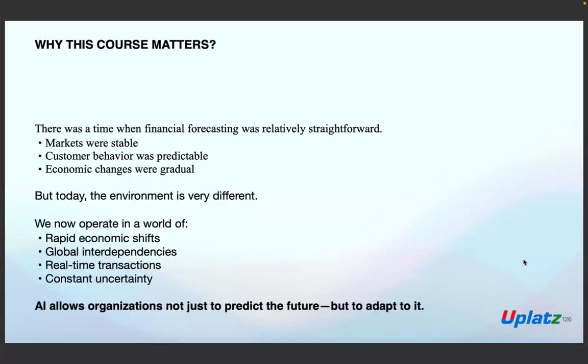Economic conditions fluctuate unpredictably. And in this environment, traditional forecasting methods struggle. This is where AI becomes crucial. AI allows organizations not just to predict the future, but to adapt to it. And this is the core purpose of this course.